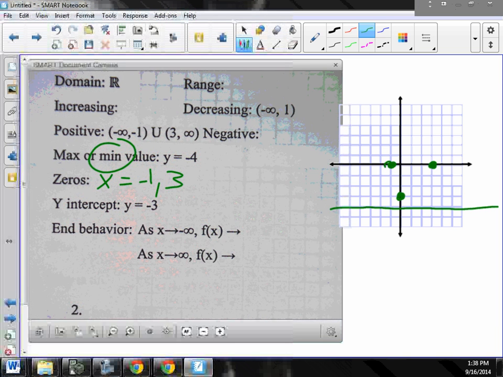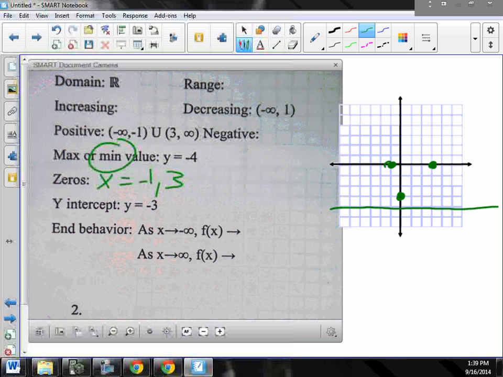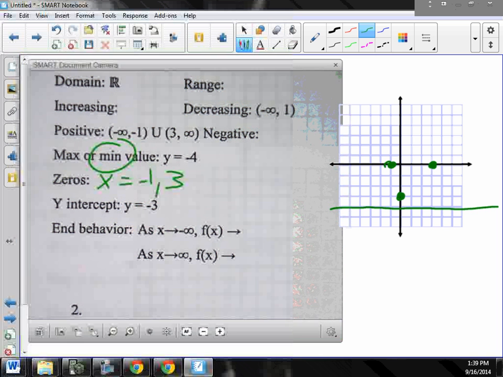Okay. What else? Does this open up or down? Up. Do we know where the lowest point happens? So it goes as low as -4, but do we know where it touches that line?